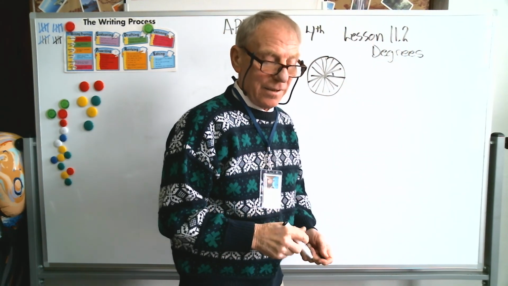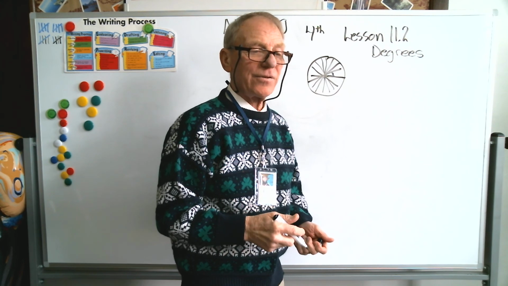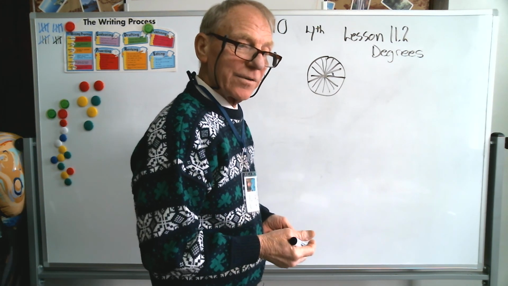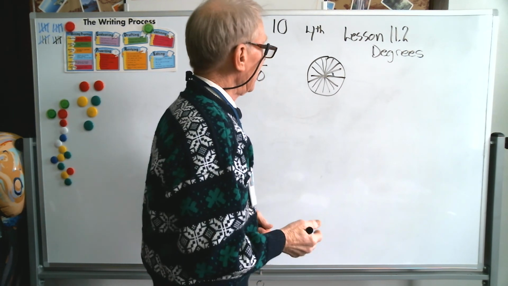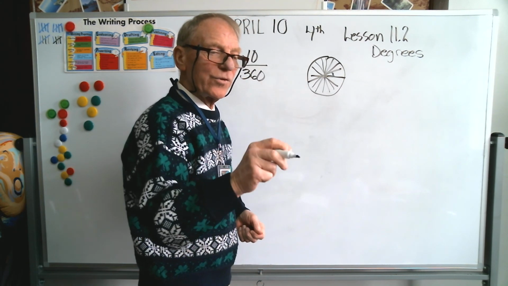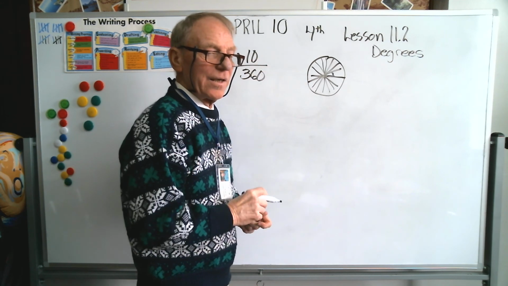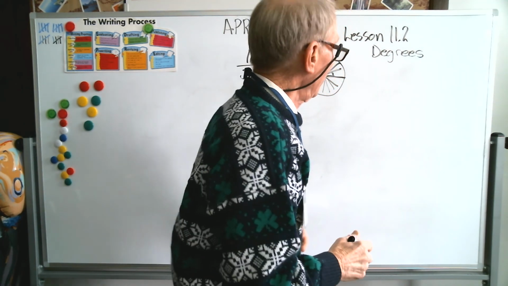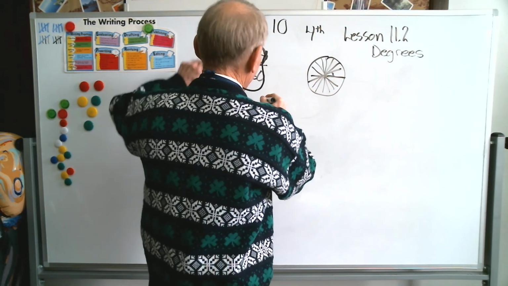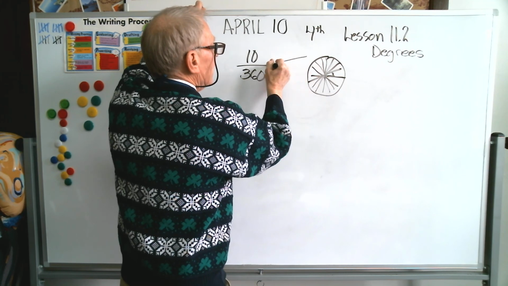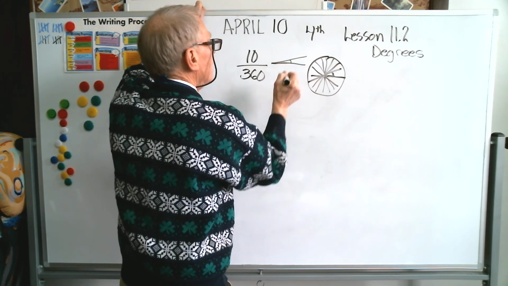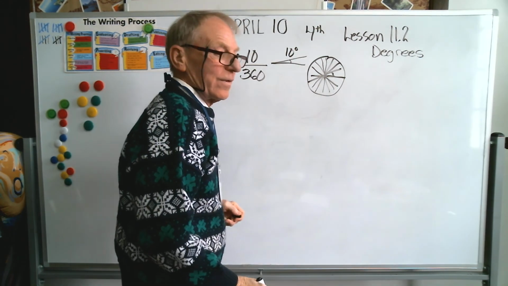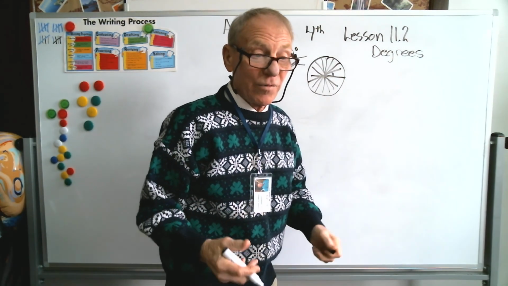So 10/360ths would be 10 degrees. It has 10 of those 360 degree points around that circle. So the angle between the spokes would be a very slight angle, because it's only going to be 10, and that little circle you put up there is the symbol for degrees.